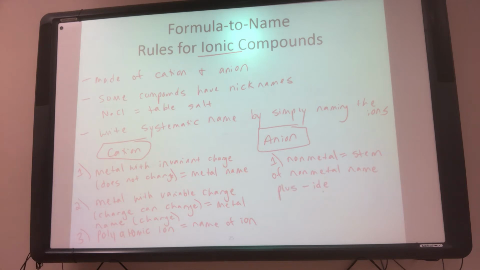And I'm going to work through some of this too, okay? This is just an intro. So that's the first option for anions. Anions could just be a simple nonmetal, or they could also be a polyatomic ion. And if they're a polyatomic ion, it's also just the name of my ion.